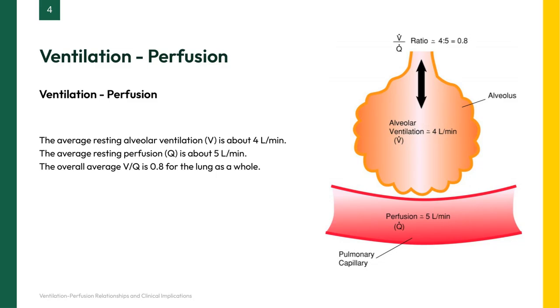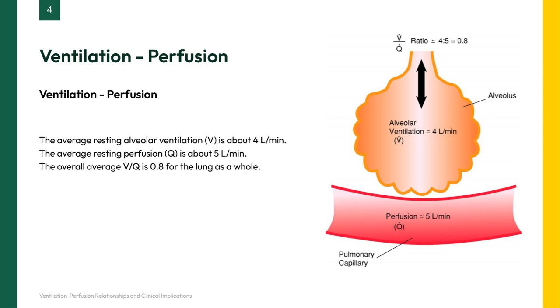Without this balance, normal gas exchange can be significantly impaired. When we talk about ventilation perfusion, or VQ, we're looking at the relationship between the air reaching the alveoli and the blood flowing through the pulmonary capillaries. At rest, the alveolar ventilation is about 4 liters per minute, which means this is the volume of air available for gas exchange each minute. Meanwhile, perfusion, or the blood flow through the lungs, is a bit higher, around 5 liters per minute.